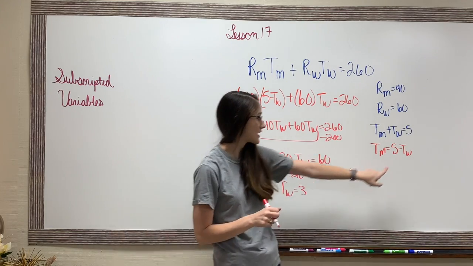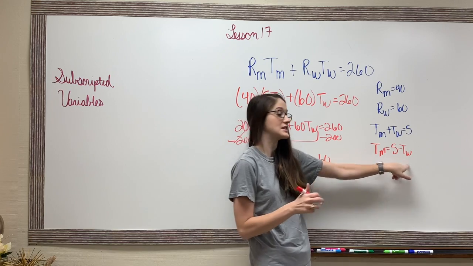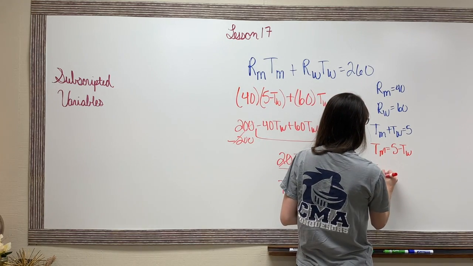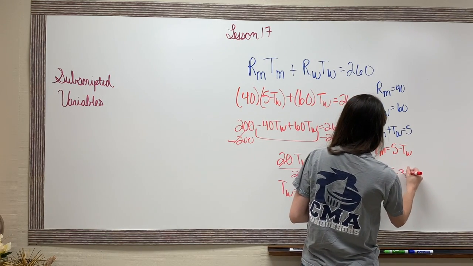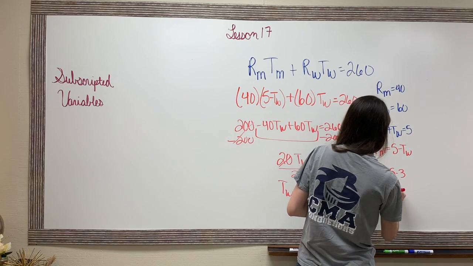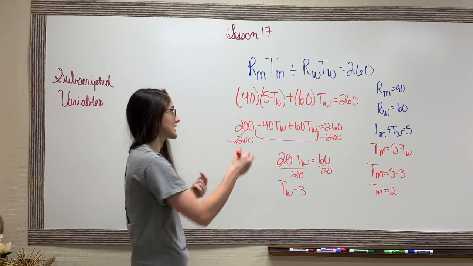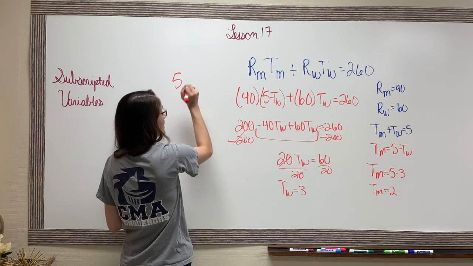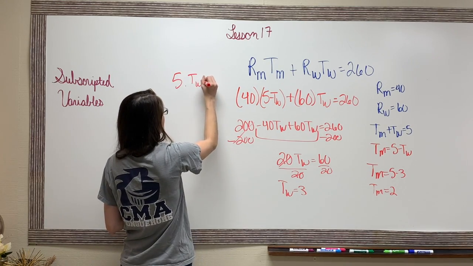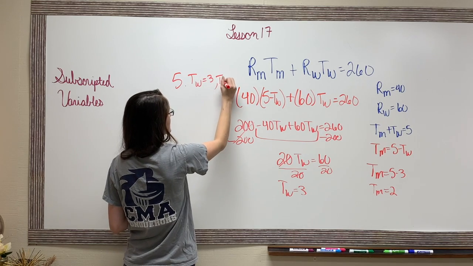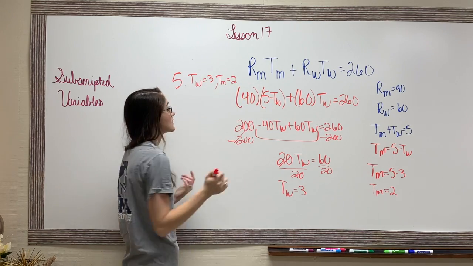So I can take 3 and plug it in right here and find out what TM equals. So TM will equal 5 minus 3, so TM equals 2. So on my answer sheet or whatever, as I write this answer, let's say this was problem number 5, I would say TW equals 3, comma, TM equals 2. And that's it. We're done.